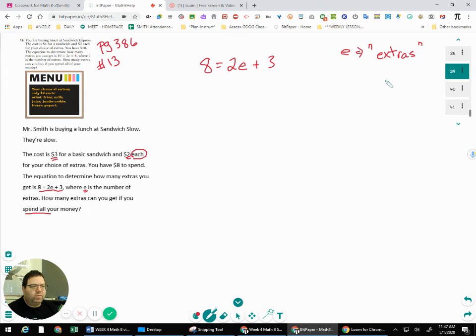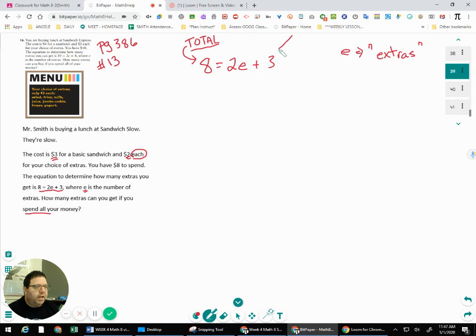So in other words, what if you don't want the basic sandwich? What if you want to add, I don't know, banana peppers, spinach, artichokes, anchovies? So this formula will tell you, look, you have this total amount to spend here on the left. You have $8. That's your budget, okay?